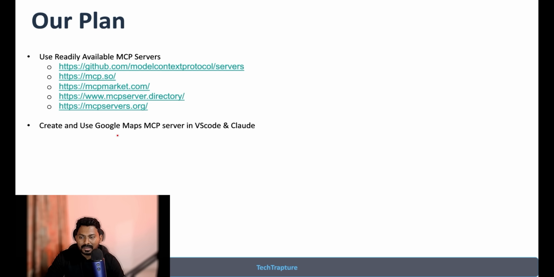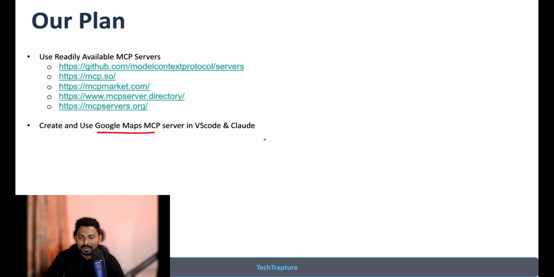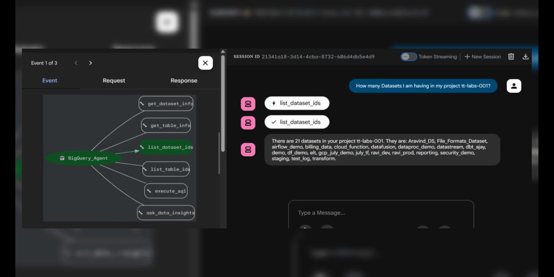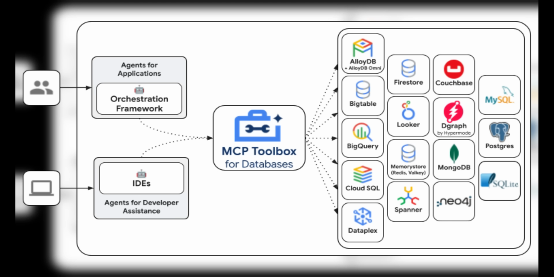Then we will create and use a Google Maps MCP server in VS Code and Claude Desktop, so we'll see that as well. Then we will work with the Google Maps MCP server with Google ADK, and then we will use the MCP Toolbox for Databases. Using this, we will interact with Google BigQuery or any other database using Google ADK.